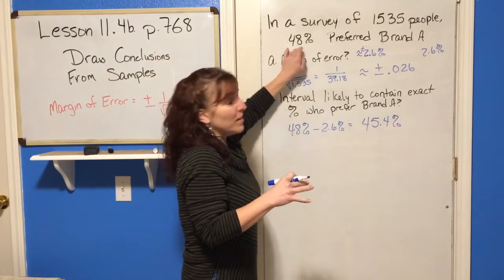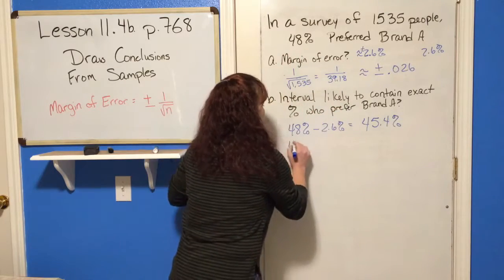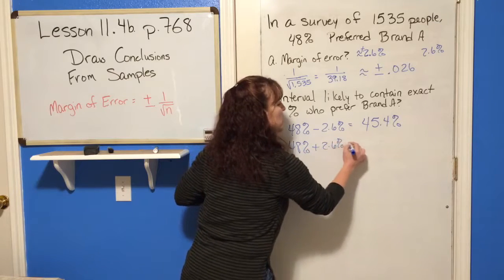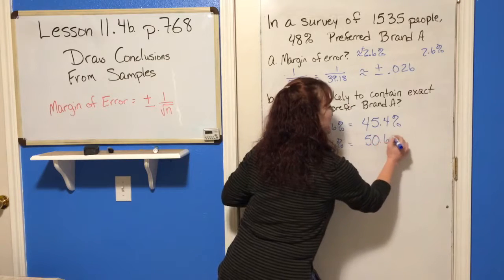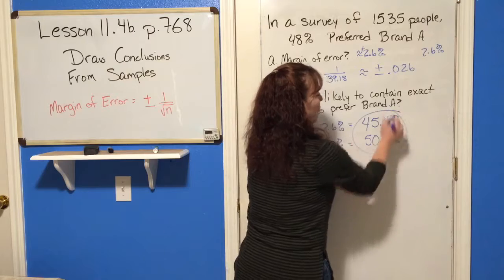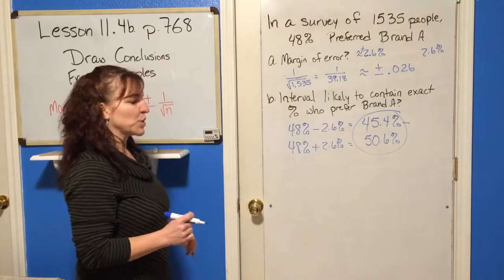But it could be 2.6% more than 48%. So we also have to take 48% plus 2.6%, which is 50.6%. So our interval is 45.4% to 50.6%.